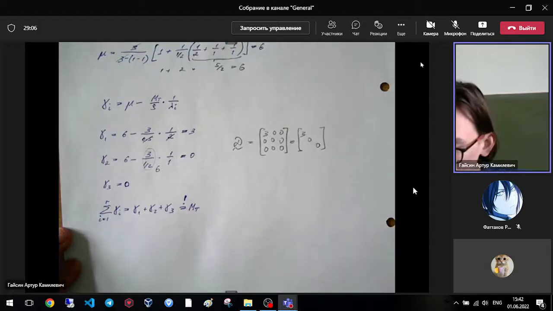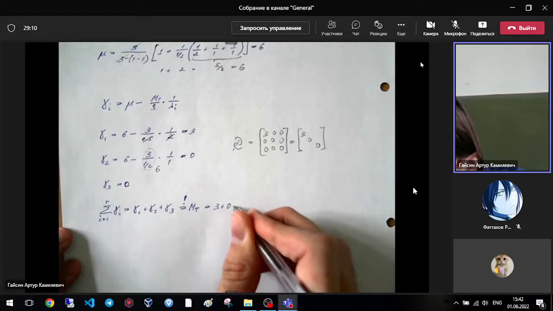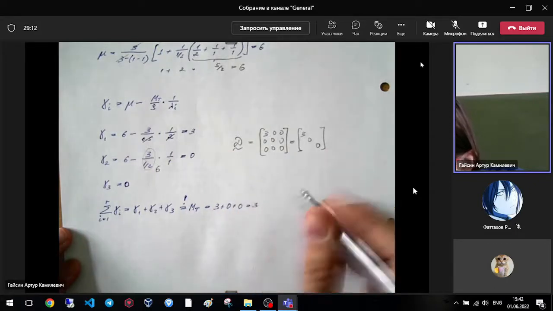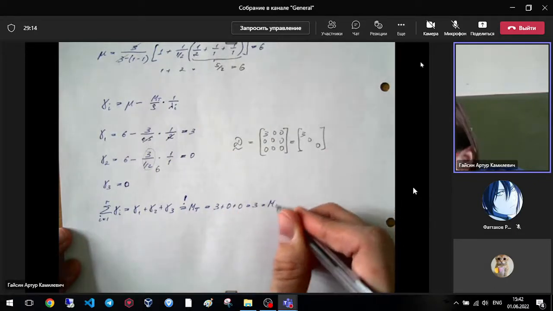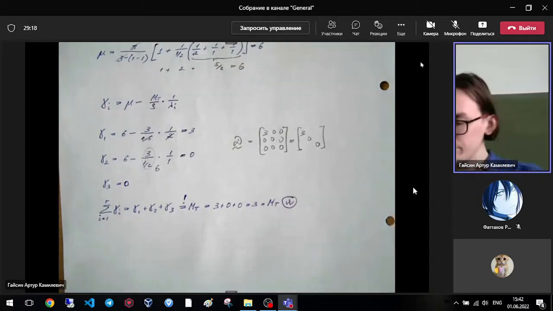And we can check it. 3 plus 0 plus 0 is equal to 3. And this one is equal to the number of transmit antennas. So this one is correct.